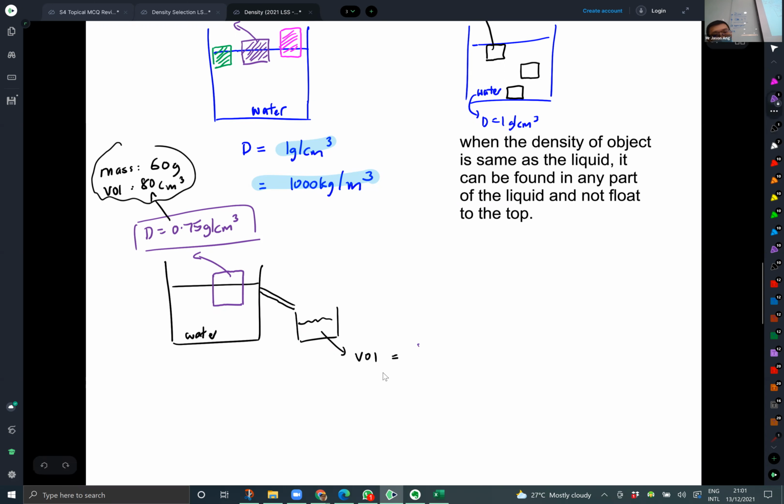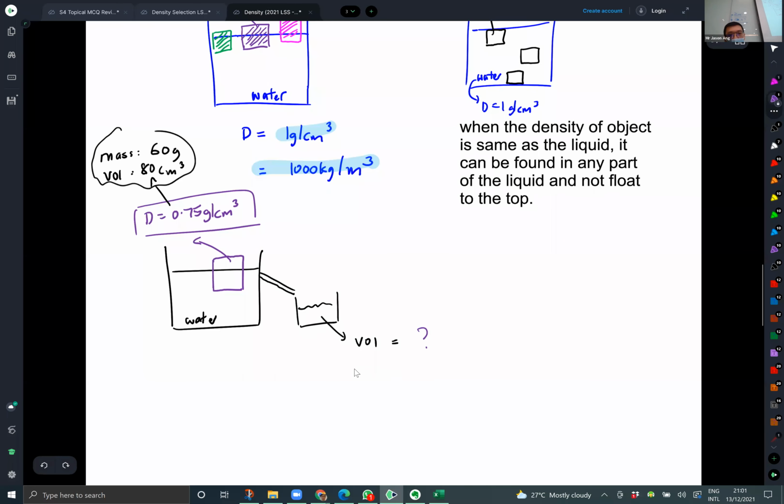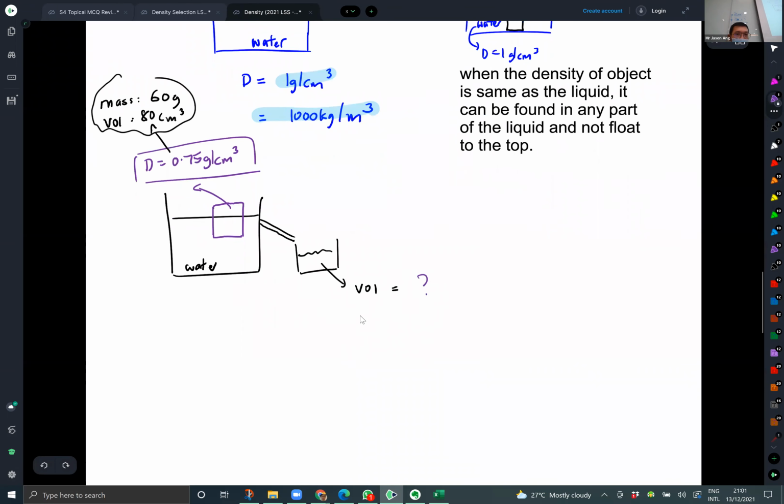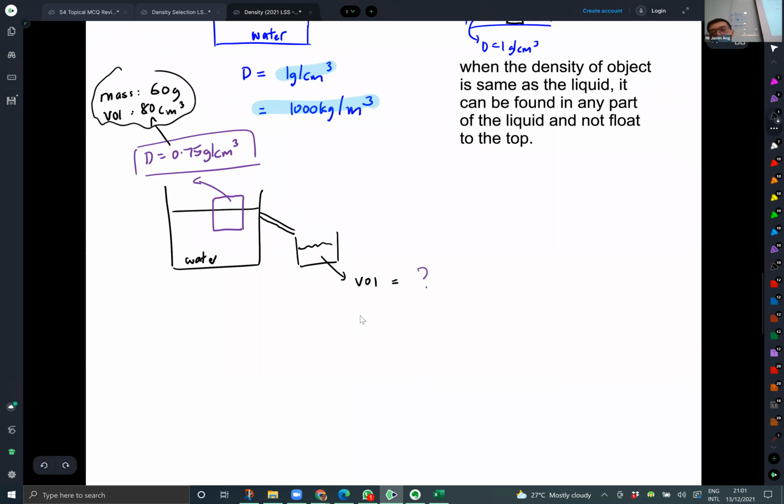So the question is, what is this volume supposed to be? And how are we supposed to figure this out? To do this, it helps if you can ask yourself, what if this submerged object has a density of 1?